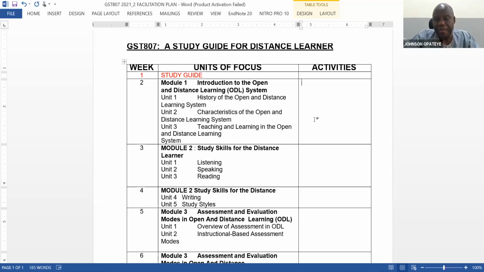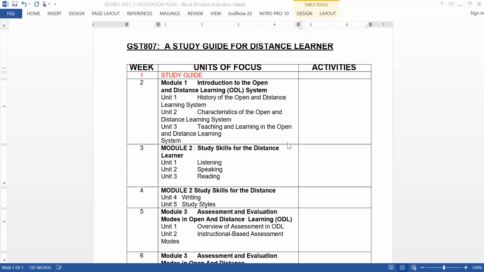So when you come to the class next week, I am not going to really teach you. It's you that you are going to pose problems. So if you have any question on any of these units, for unit 1, and for module 1, you raise it, and any member of the class actually help you. So that is the essence.